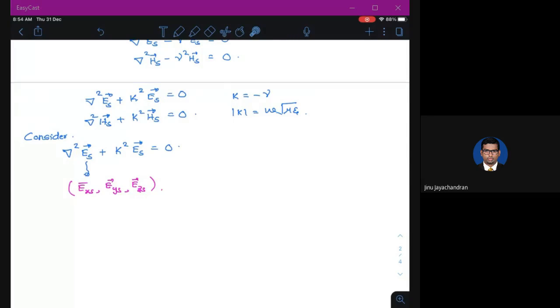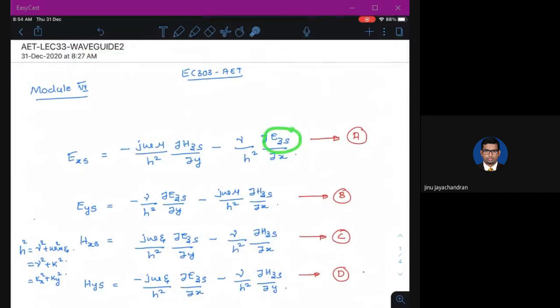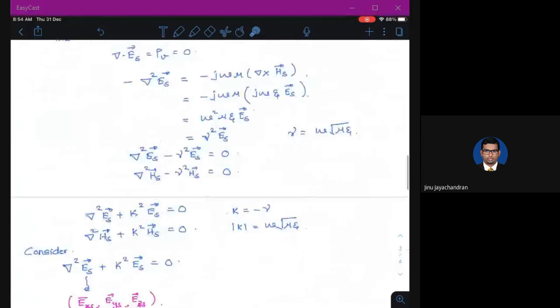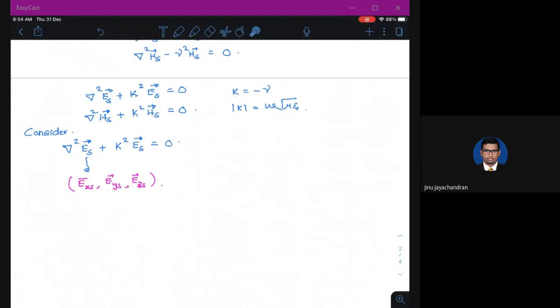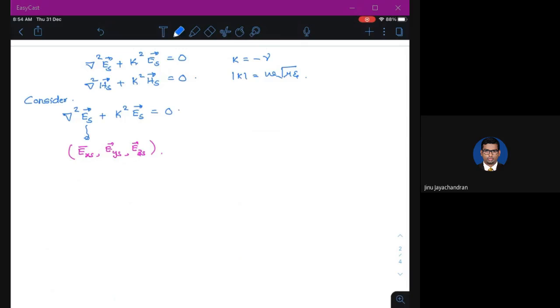But we are concerned about only one such equation, which is this one. Why? Because our aim is to find an expression for Ezs. We are not concerned about what is there for Exs or Eys because we already know the equation in terms of Ezs. So we are concerned about only Ezs. So I write the equation only for Ezs. Del square is dou square by dou x square plus dou square by dou y square plus dou square by dou z square.